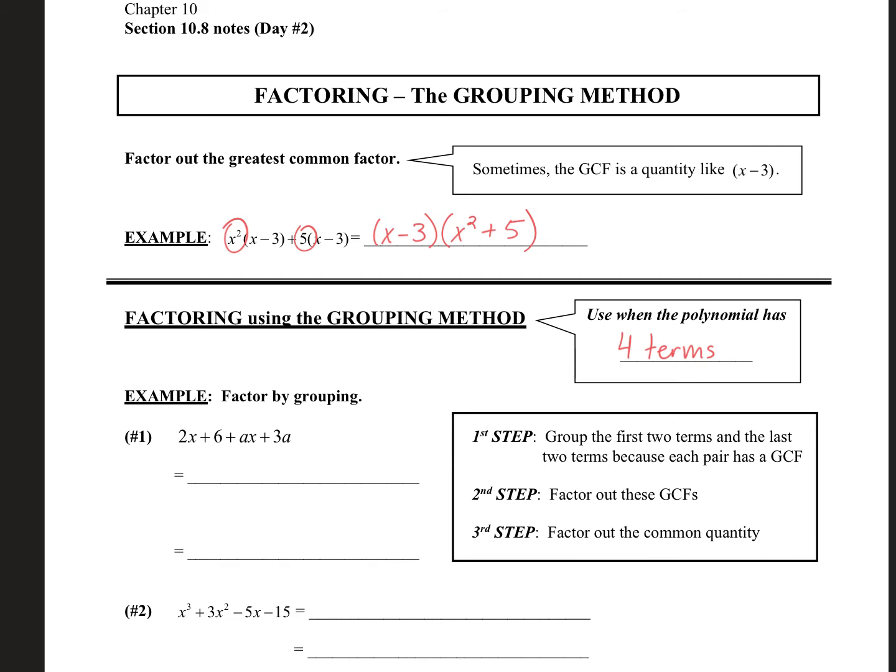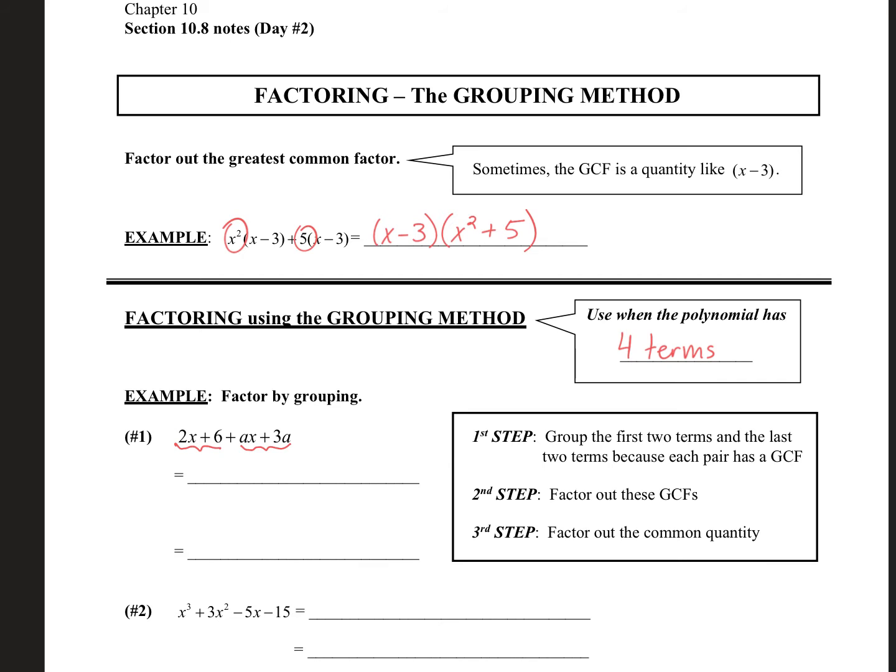All right, so we have 2x plus 6 plus ax plus 3a. So we're going to break this apart. We have a polynomial with 4 terms, and we're going to think about it almost as 2 binomials. What we're going to do is find the greatest common factor of the first 2 terms.